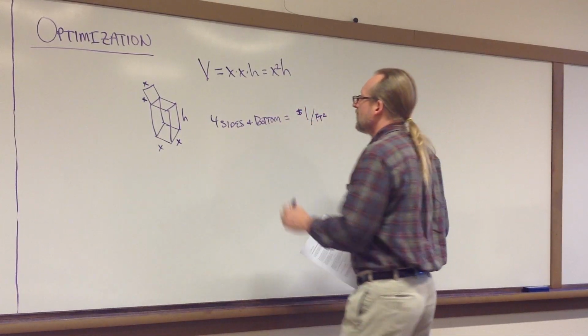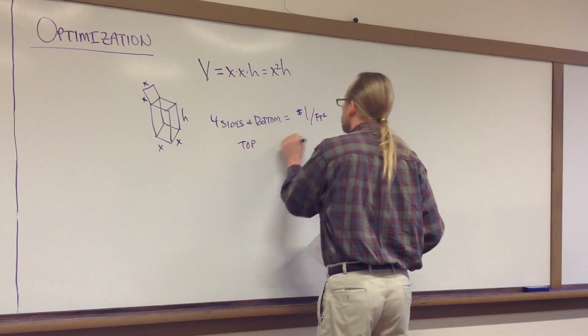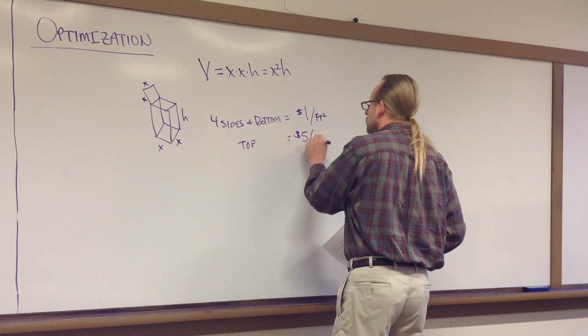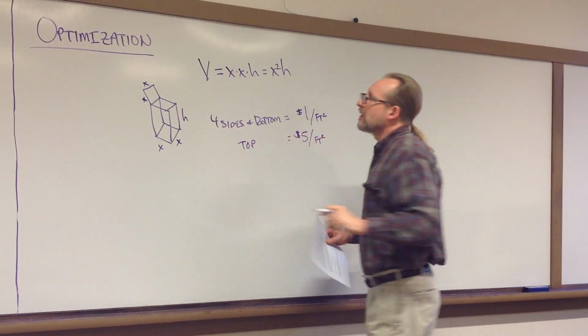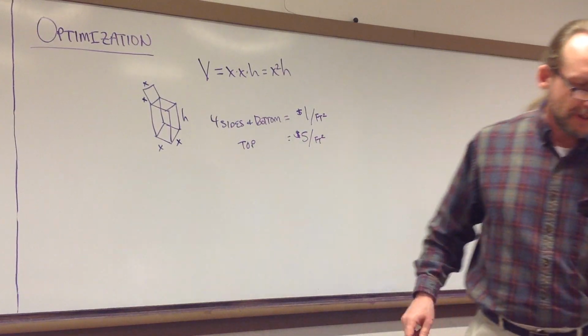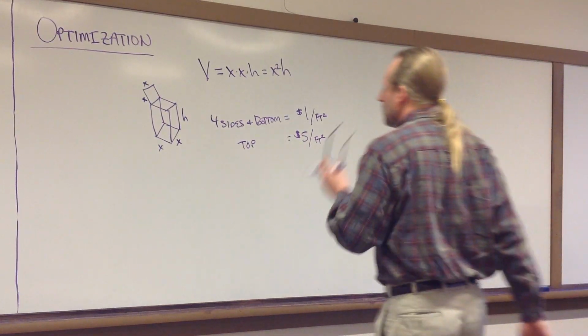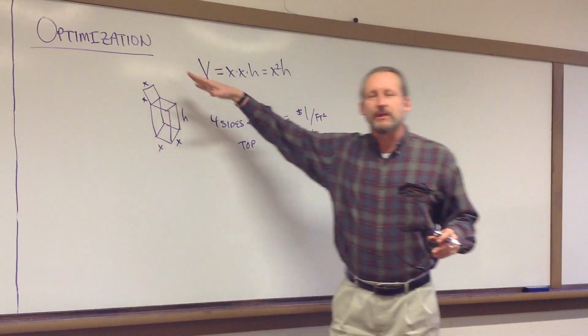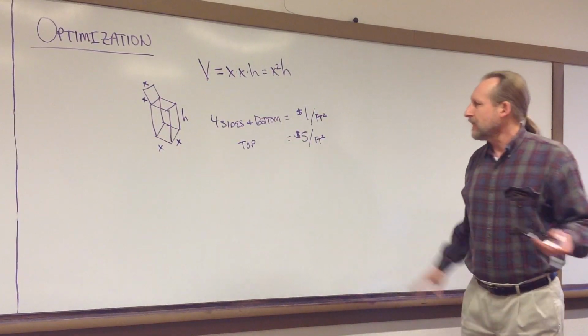And then the top is more expensive, $5 per square foot. I think I took this from a problem where they were making a terrarium and you needed a lamp up here with a glass cover and all this different stuff, so it was more expensive.